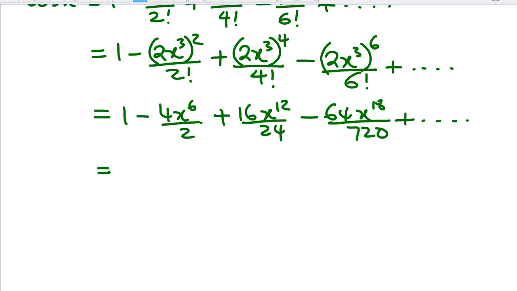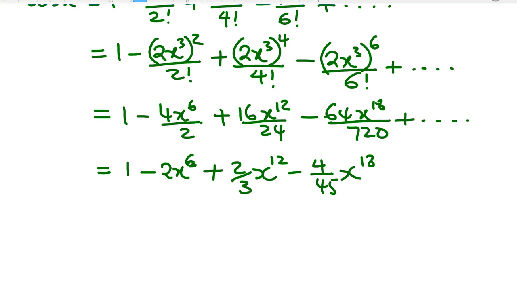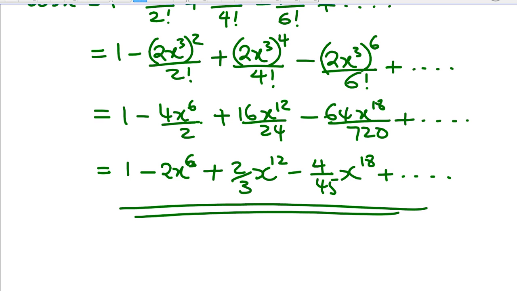We can simplify that further to end up with 1 minus 2x to the power 6 plus 2 over 3 x to the power 12 minus 4 over 45 x to the power 18, and so on. And that will be our Maclaurin series expansion for cos of 2x cubed.